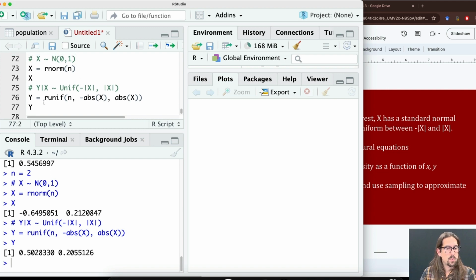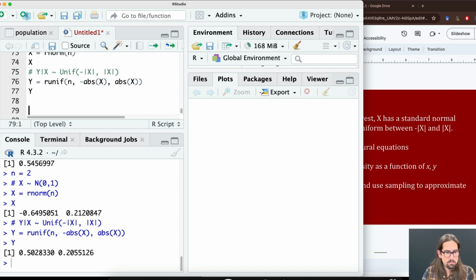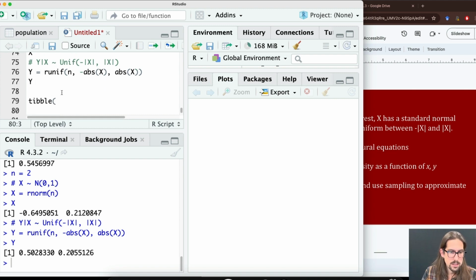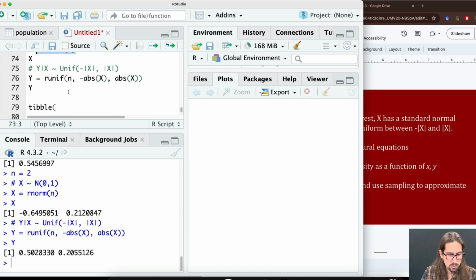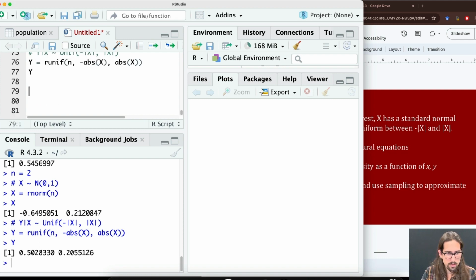So if I wanted to wrap this up into generating a whole data set, it might be nice to do it like this. Well, you know what? Let me just put that around what I've already got.